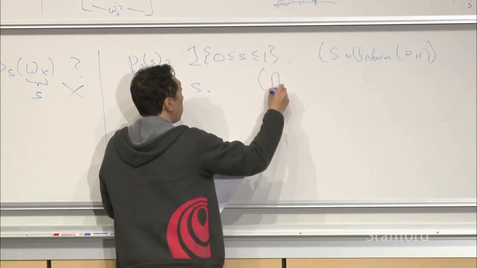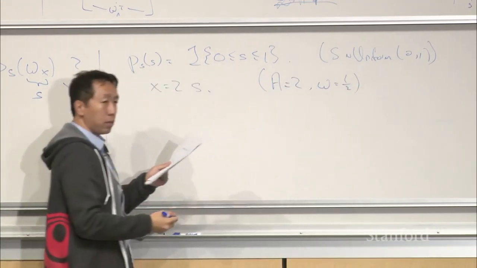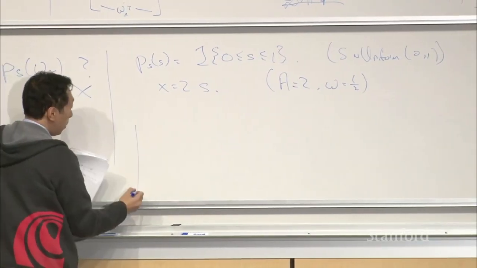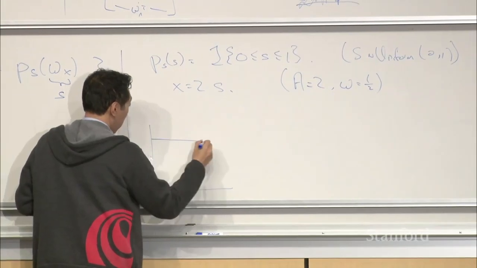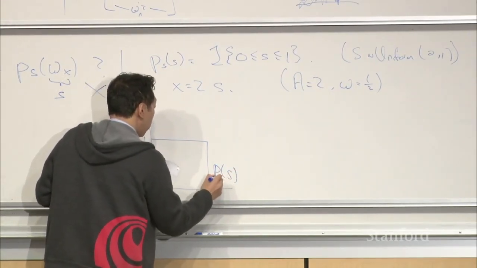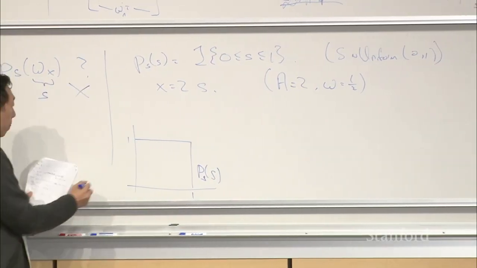So in our notation, A is equal to 2, W is equal to 1/2. This is a one-dimensional example, n equals 1. This is the density of s, the uniform distribution from 0 to 1.